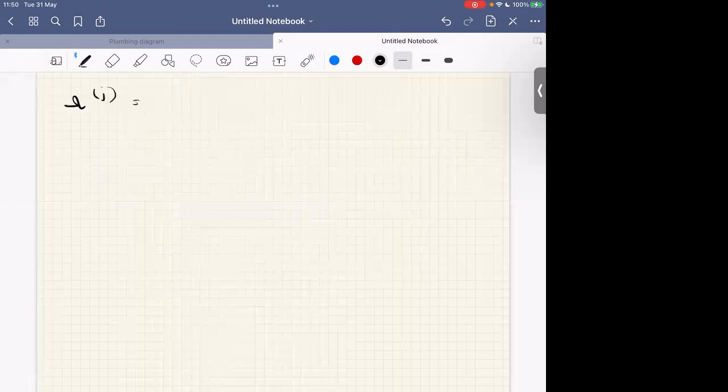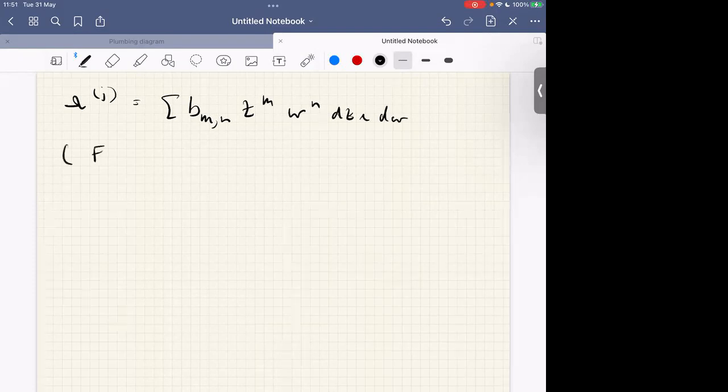This is simply F to the M, W to the N, dz wedge dw. And note that F maps down to the T-disk also, but this map is not smooth.